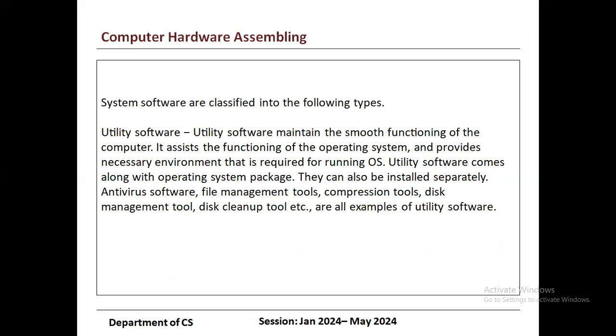Utility software comes along with the operating system package. Then they can also be installed separately. Antivirus software, file management tools, compression tools, disk management tools, disk cleanup tools, all are examples of utility software.